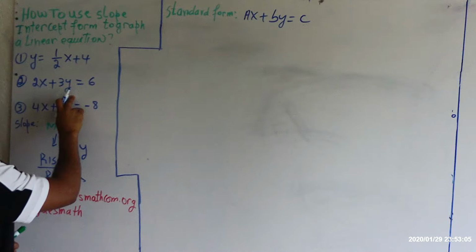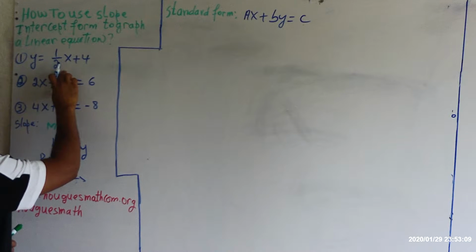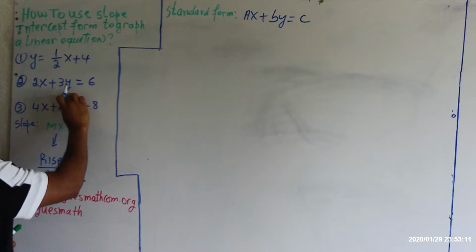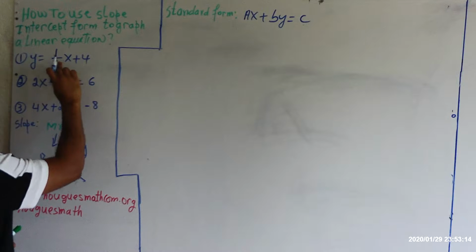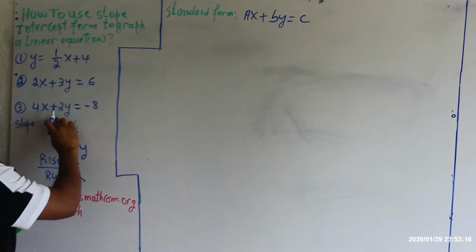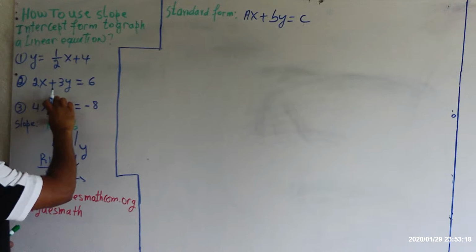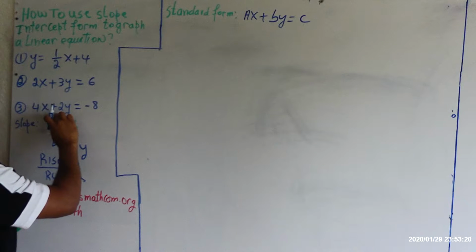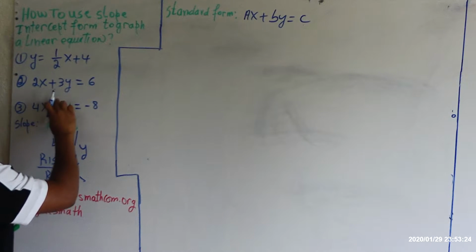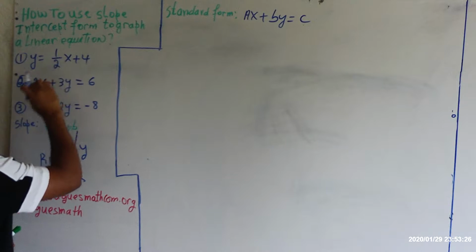In order to graph this equation, I will need to transform this standard form to a slope form. I will do that for the third equation also, because the third equation is in standard form. I will need to convert the standard form to a slope form.